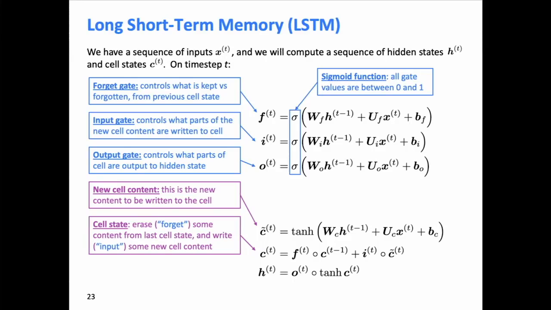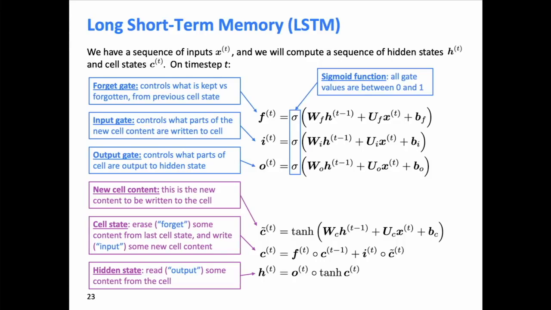Okay, and then the other half of this equation, it times c tilde t, that's the input gate controlling which parts of the new cell content are going to get written to the cell. Okay, and then the last thing we do is we pass the cell through a tanh. That's just adding another nonlinearity, and then you pass that through the output gate, and that gives you the hidden state.